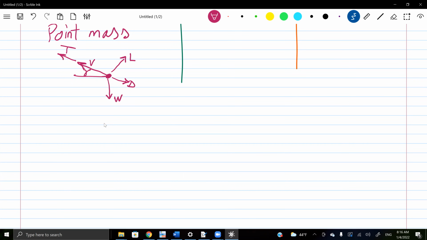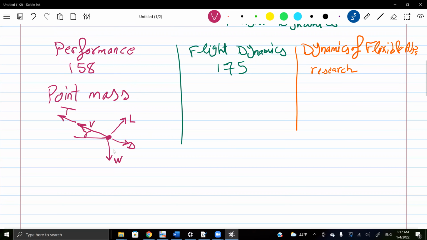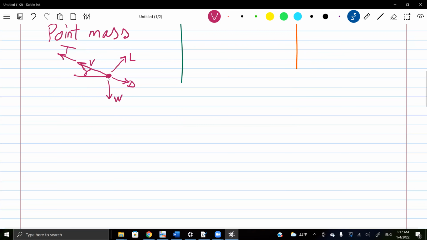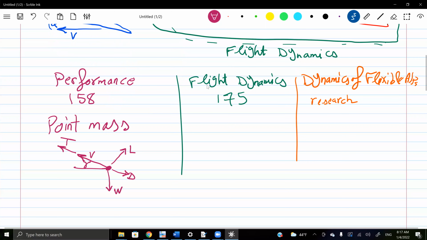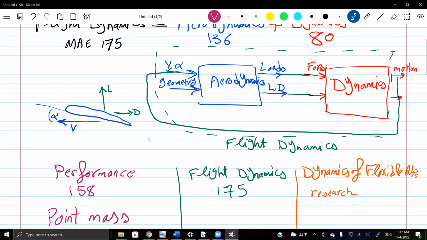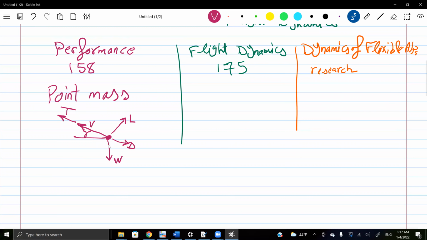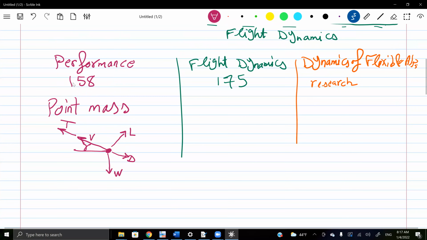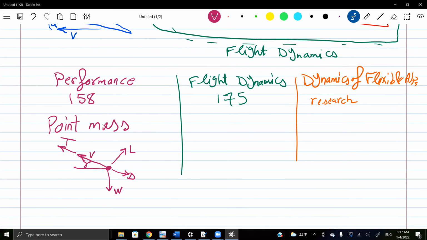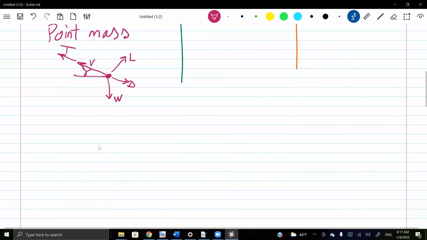So this is really the typical picture in every airplane performance book. We study the motion of this point mass under the action of these forces, with some basic aerodynamics for lift and drag. So there is this combination of aerodynamics and dynamics on that level, assuming that the airplane is a point mass. This is what the 158 course is all about.